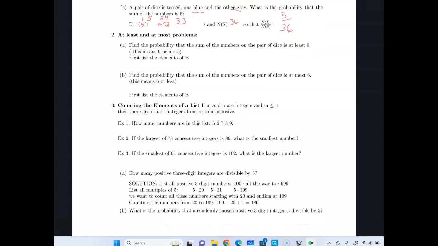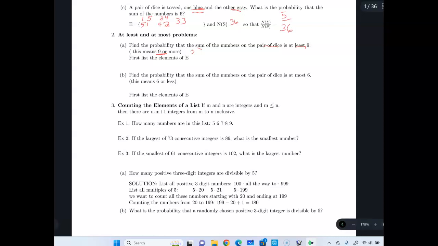Find the probability the sum of the dice is at least 9. At least 9 means 9 or more, so we're looking at 9, 10, 11, or 12, and that's as high as we can go. We just have to write down the combinations. Even though we don't have to think of them as blue and gray, they are different dice, so it matters.